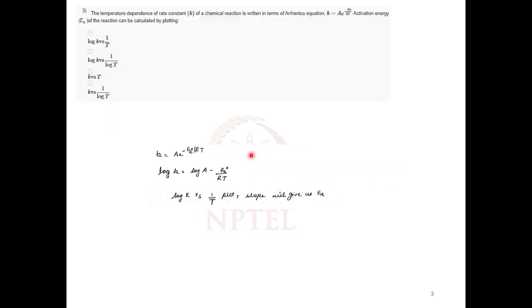Now, in another question you need to find the temperature dependence of the rate constant of a chemical reaction, which is written in terms of the Arrhenius equation. K is written, and you have to find this value.